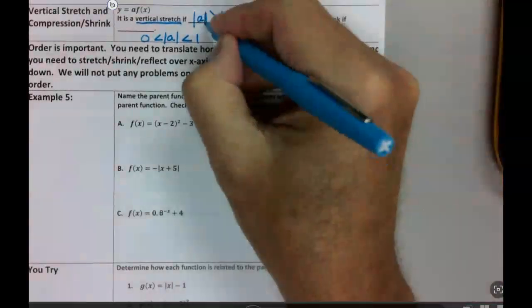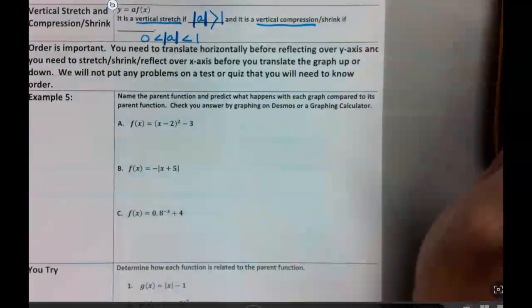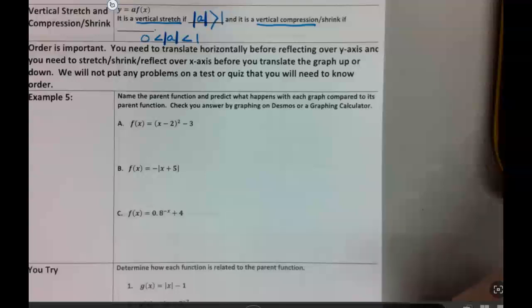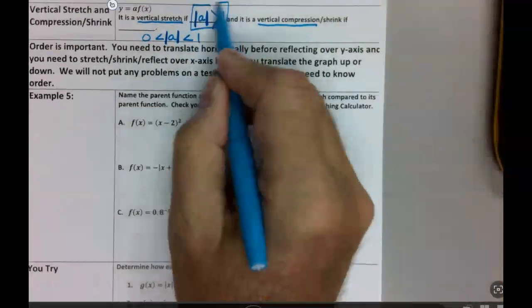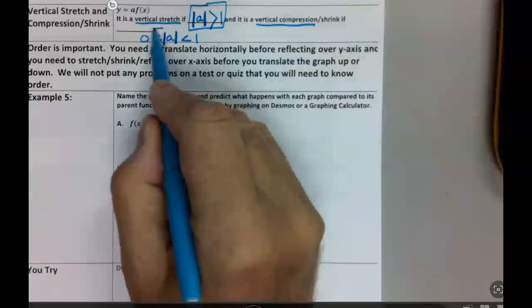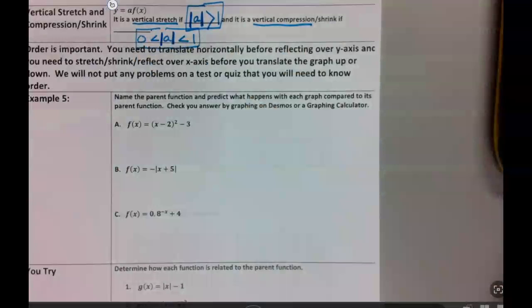Absolute value of A, it means it's positive. So stretch, compression, or shrink.